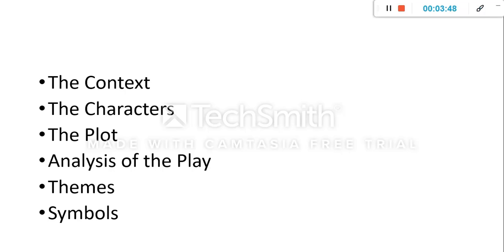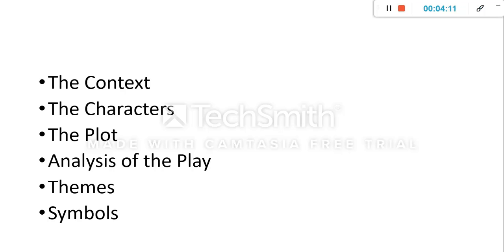We are going to focus on the main events, the main characters, as well as the main themes of any one of these plays. So that's why the main characters of each play are going to be introduced, as well as the minor ones, but we will focus on the main characters more than the minor ones.